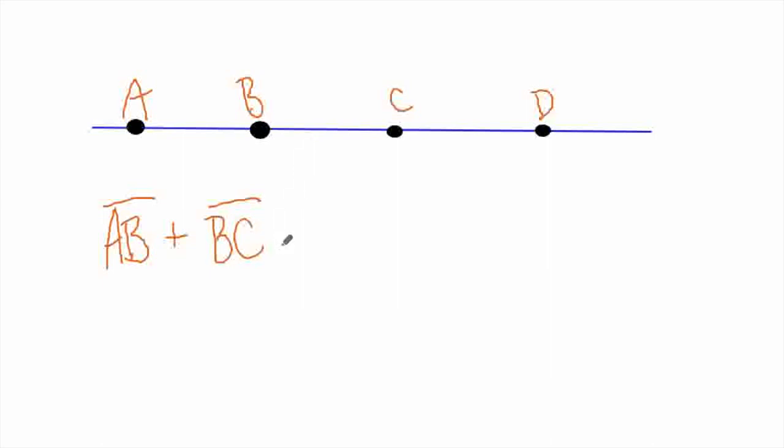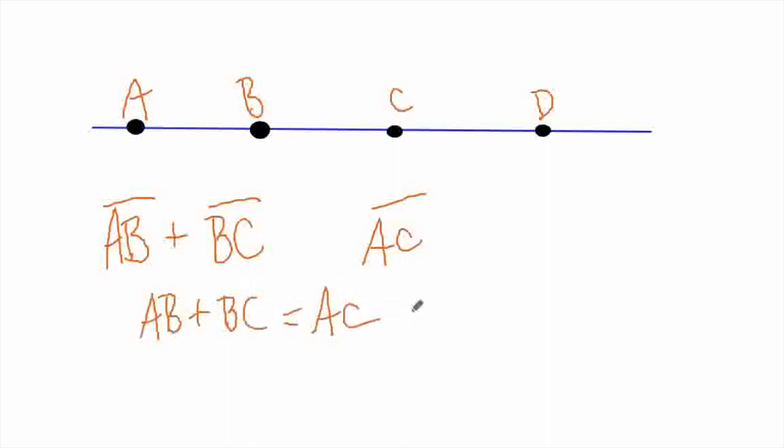So we say that that gives a line segment that's essentially the same as AC. Now the lengths of those are equal. So the length of AB plus the length of BC is equal to the length of AC.